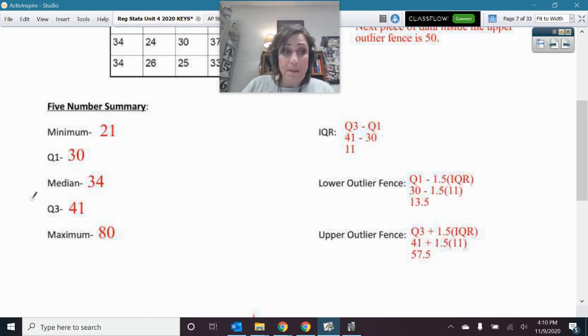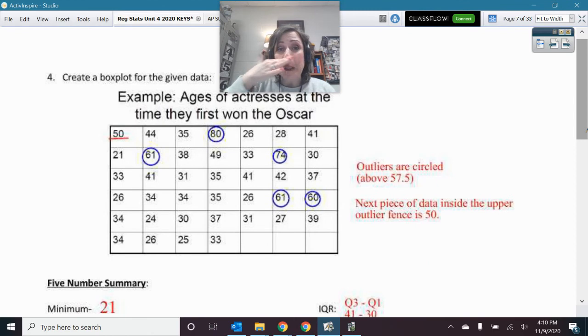I know I have some past the upper fence because my maximum at the very least is above it. So let me go and look. I had to go through all this data and find the numbers that were above 57.5. So I circled those. I went through all the data, found the outliers that are circled above 57.5. So every piece of data circled gets its own dot on my box plot.